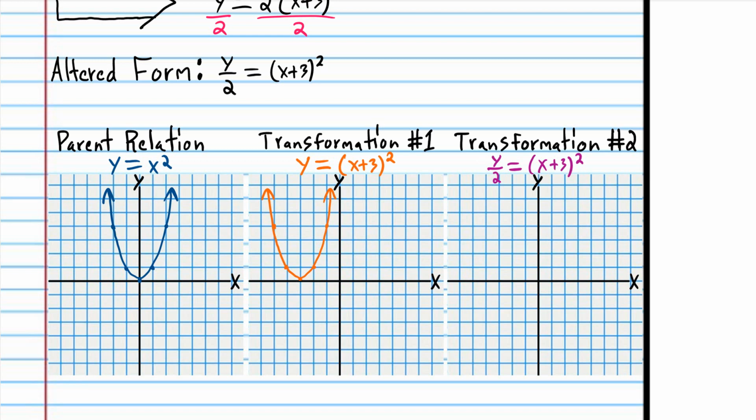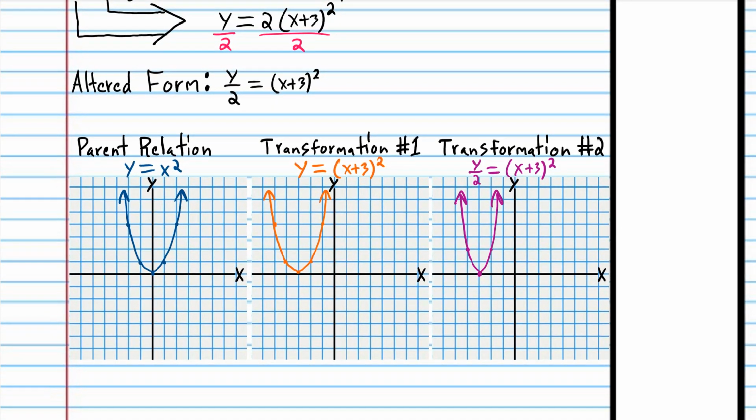So the y value of this point here is not going to change, that's 0, but multiplying by 2, those points are going to move up, and the other points are going to be off the window, it looks like, so we can just connect the dots. So there you go, that's the graph.